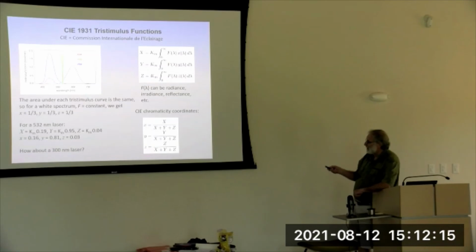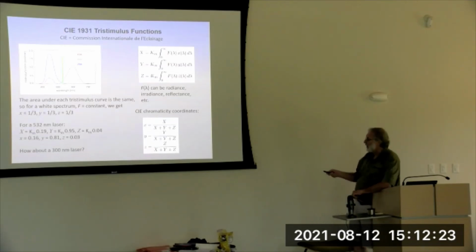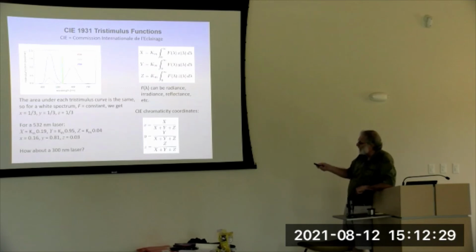Okay, so here, for example, if we have a 532 nanometer laser, and I want to come up with the color coordinates for that laser, what I do is I take the 532 nanometer thing, and I say, well, let's look at the X bar thing. Well, it's down here at about, I don't know, 0.03 or something. So the X value here, I plug in here, I do the conversion.